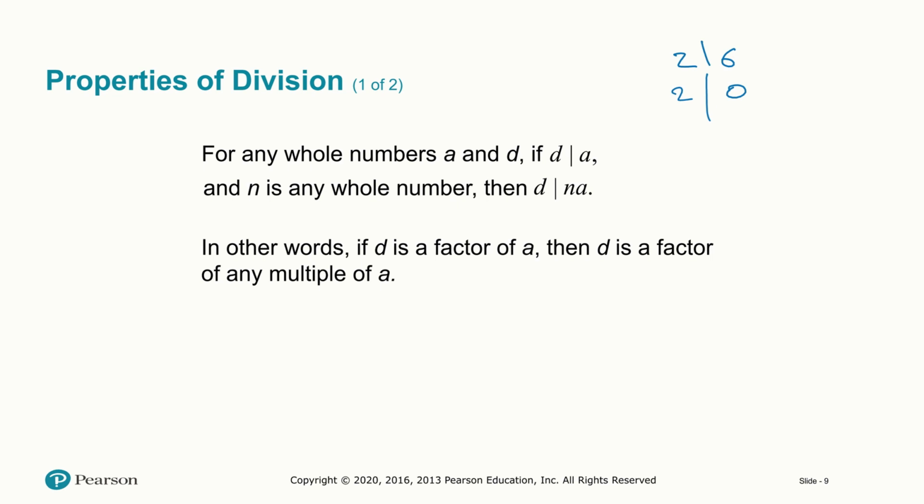Remember, any number divides 0. How many times? 0 times. Does 2 divide, well, the first multiple of 6 is itself, so multiply by 2, 12. Yes, it does. Does 2 divide 6 times 3? Yes, it does, right?